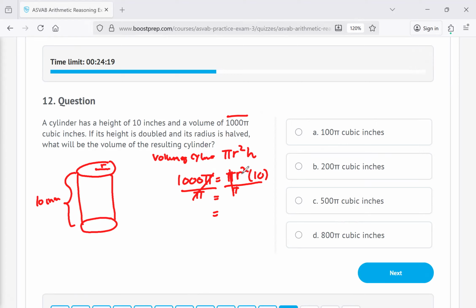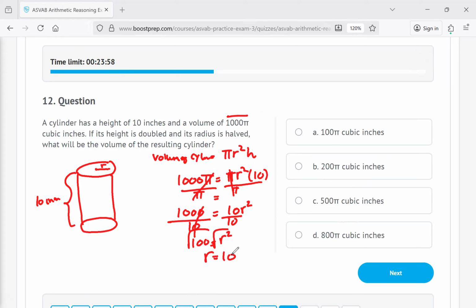And then you have 10 r squared equals 1000. Solve for r, so you're going to divide both sides by 10. Get rid of the zero, so you're left with r squared equals 100. Solve for r by taking the square root. So r is the square root of 100, which is 10.